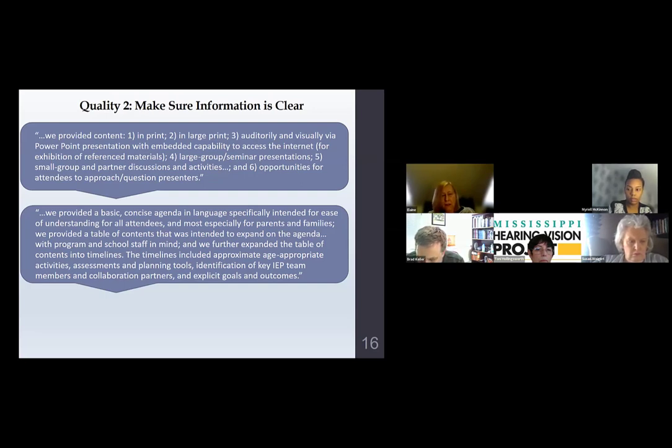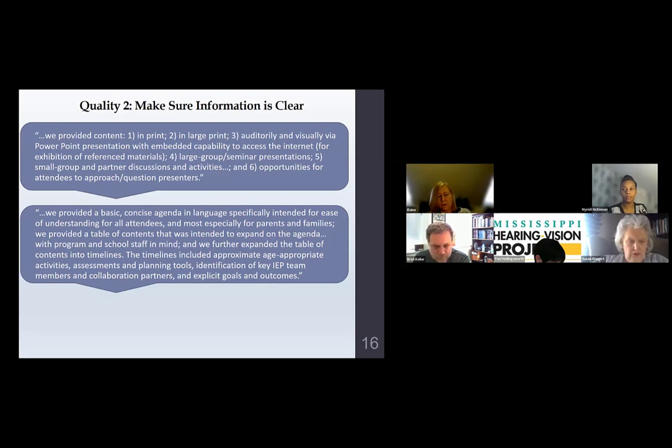And finally, a third grantee wrote that we provided a basic, concise agenda in language specifically intended for ease of understanding for all attendees, and most especially for parents and families. We provide a table of contents intended to expand on the agenda. Timelines included age-appropriate activities, assessments, and planning tools.